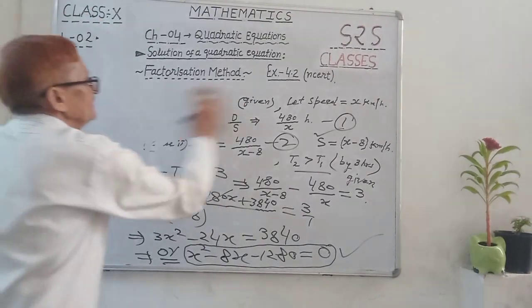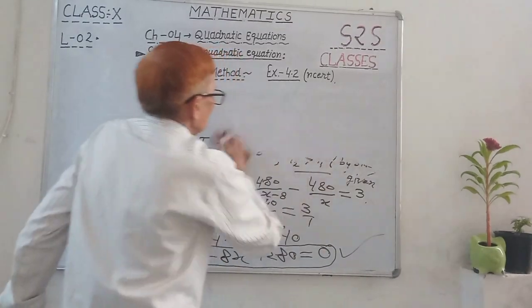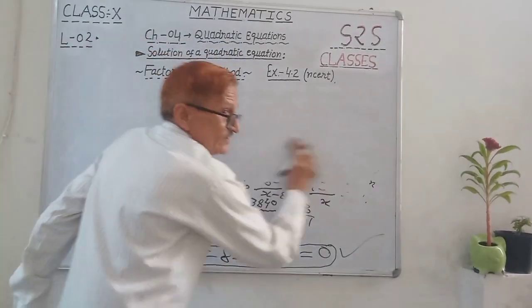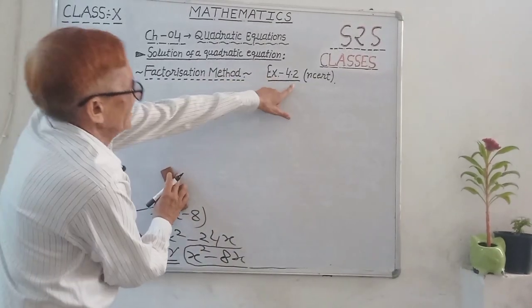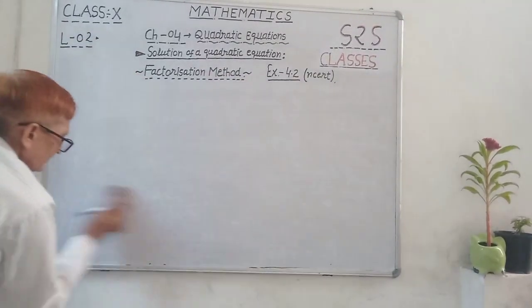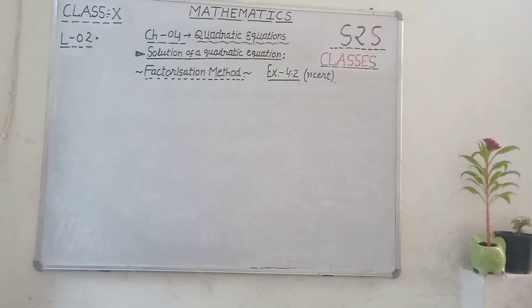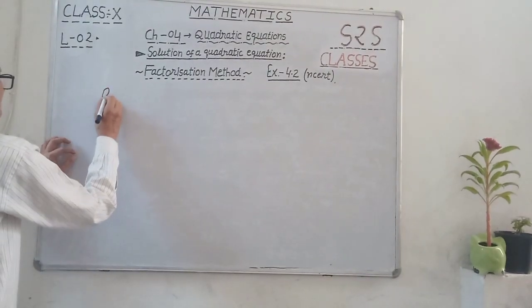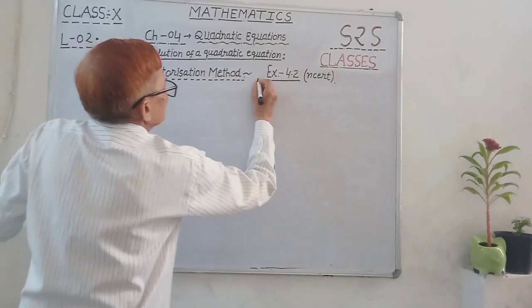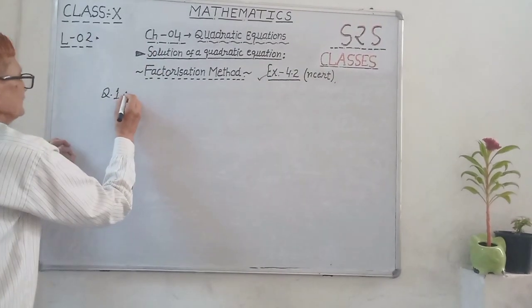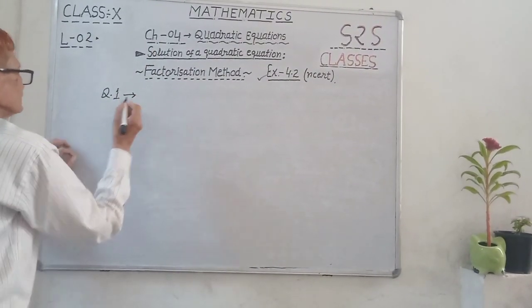Now after that what can we do? Solution, which is there now. Solution of a quadratic equation by factorization method in this exercise 4.2 now. Okay, now exercise 4.2, question number 1 of exercise 4.2. What is this question?